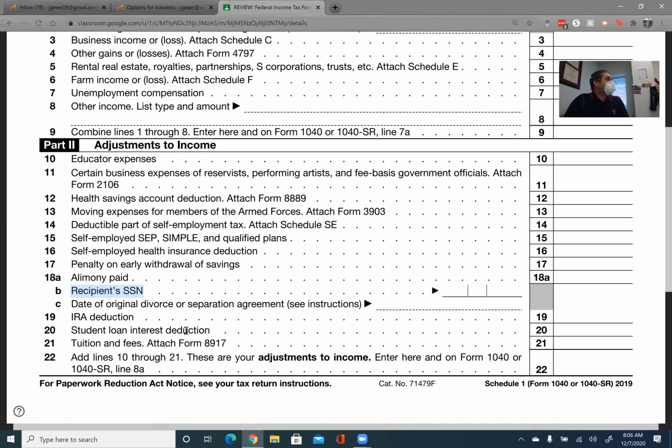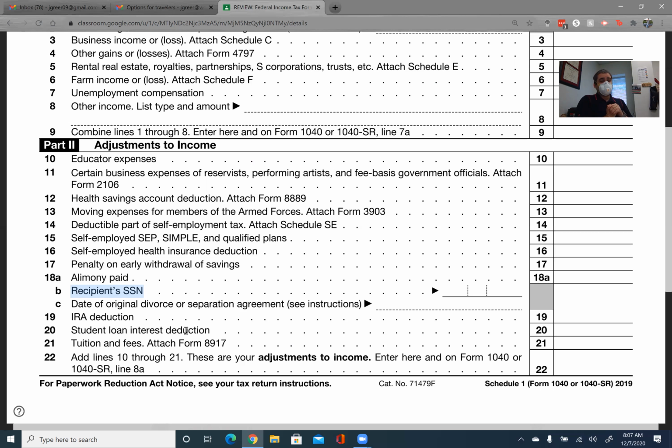That's so that the IRS can say, okay, Bruce is alleging that he's paying $10,000 to Selena Carmichael. Let's take a look at Selena Carmichael's tax return to see if she is including that $10,000, because she should. If Bruce is taking a deduction for it, it needs to balance out somewhere else.